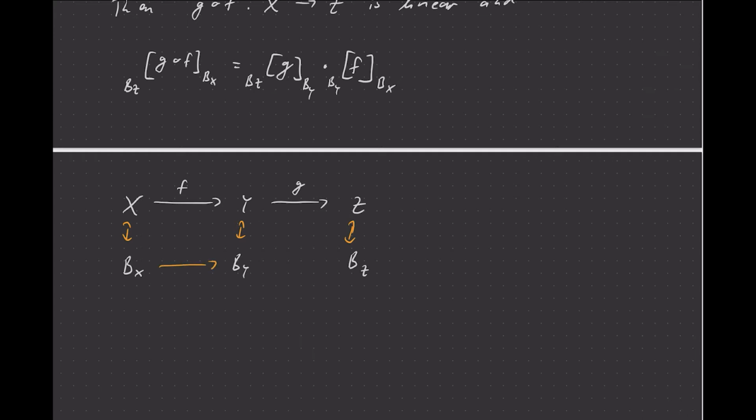Basically, the mapping between those coordinate spaces is then given by the matrix that represents F with respect to Bx and By, and the mapping here that represents G with respect to By as the input and Bz as the output.